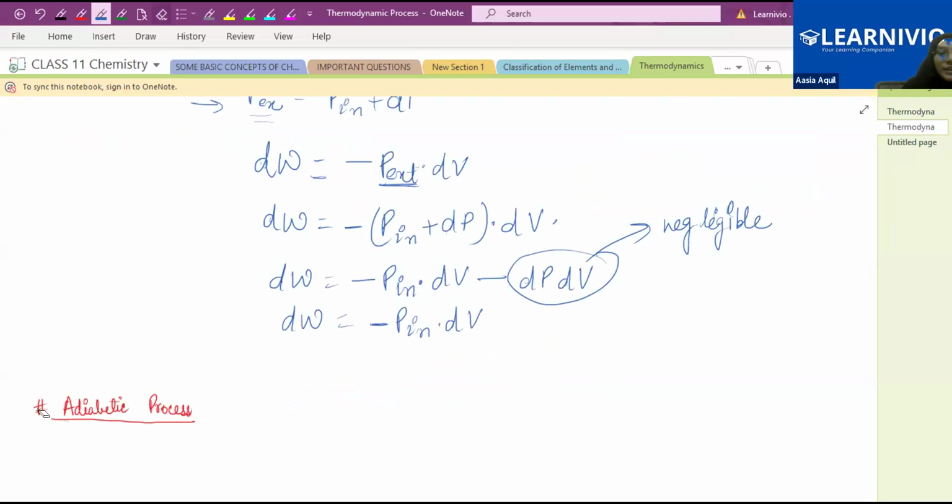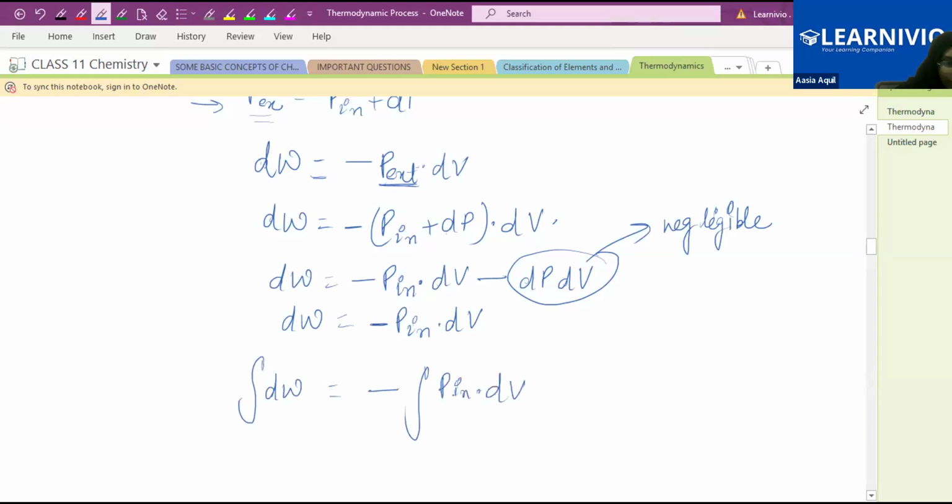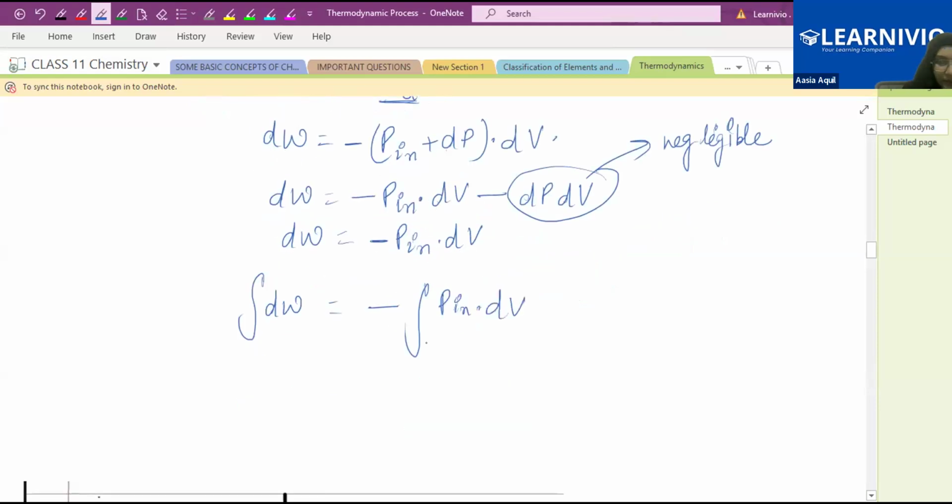Now just integrate both sides. So it's dW, and take the negative sign outside, and it will be P internal into dV. Now just integrate it.